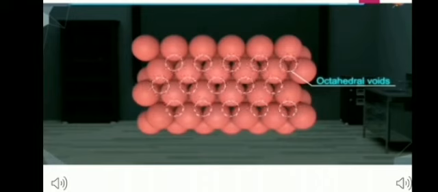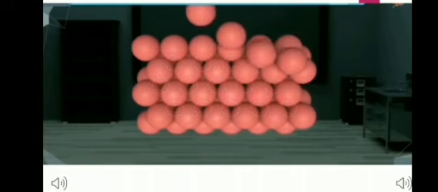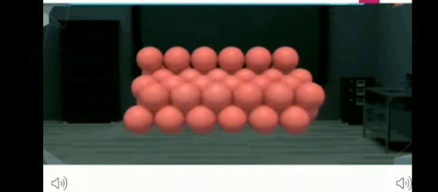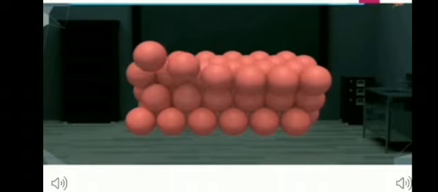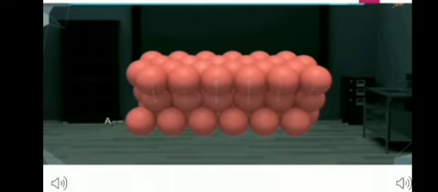By covering octahedral voids: the octahedral voids of the second layer can be covered by placing the spheres of the third layer over them. By doing so, the spheres of the third layer are not aligned with the spheres of the first layer or the second layer. So, if we call the first layer A type and the second layer B type, then the third layer will be C type.